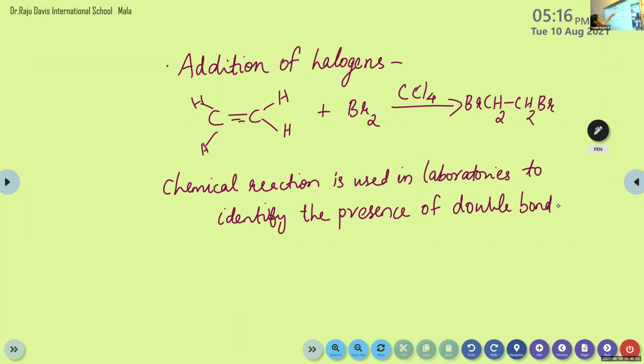When we add bromine in CCl4 to this alkene, the reddish brown color will change to a colorless one.